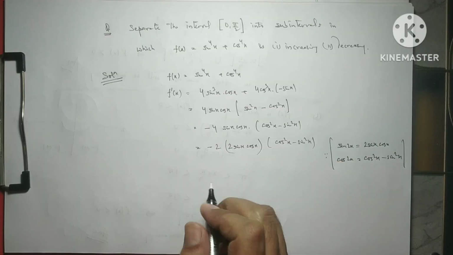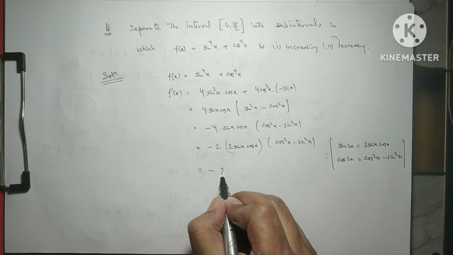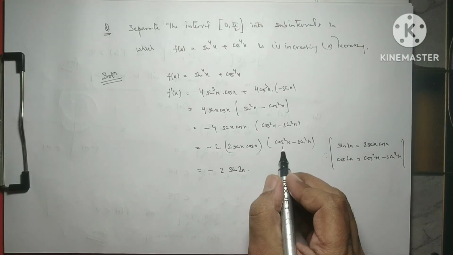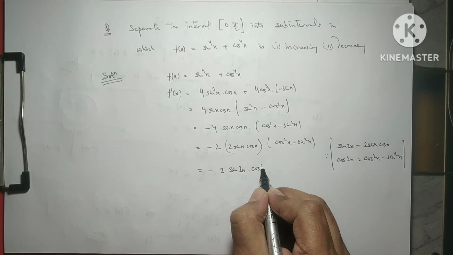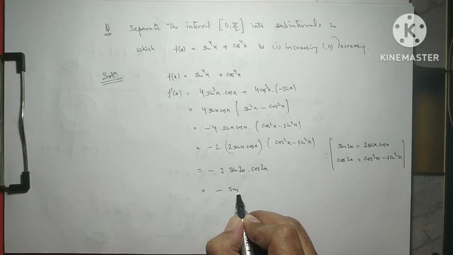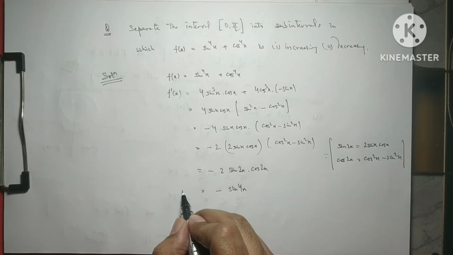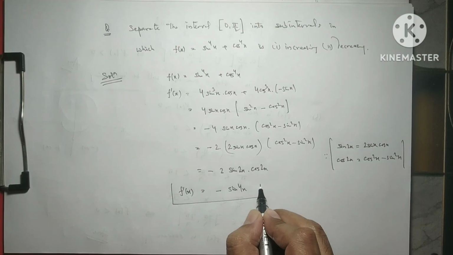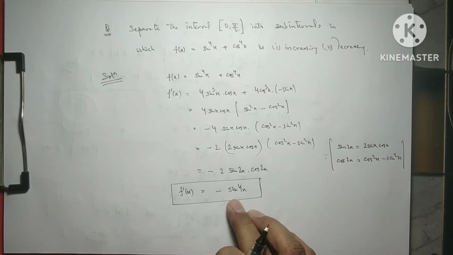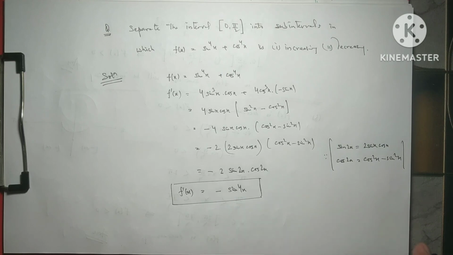So put these: this is sin 2x and this is cos 2x. So this becomes minus sin 4x. So the first derivative of the given function is negative sin 4x.